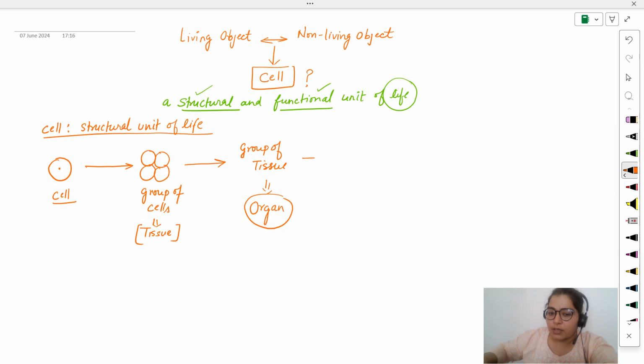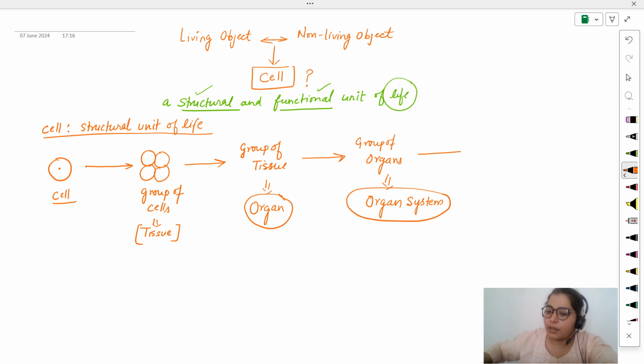Furthermore, a group of organs connected with each other forms an organ system. Likewise, when organ systems stay connected and form a full body, that is called an organism.